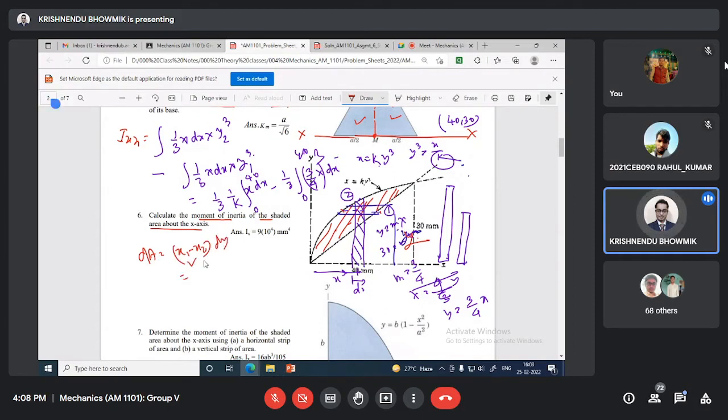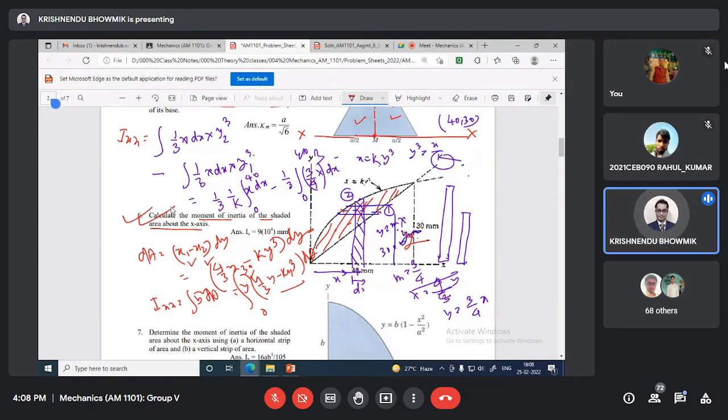Here the x1 value is 4 by 3 y, minus x2. x2 will be k y cube, dy. Then Ixx will be the integration of y square dA, that means 4 by 3 y minus k y cube, times y square dy, integrated from y equal to 0 to 30. If you do this you will get the same value.